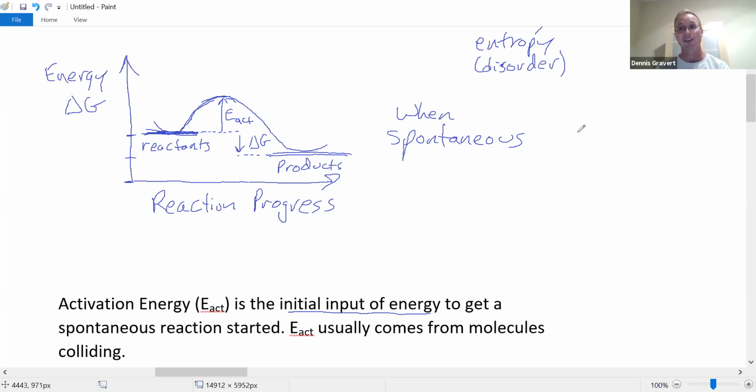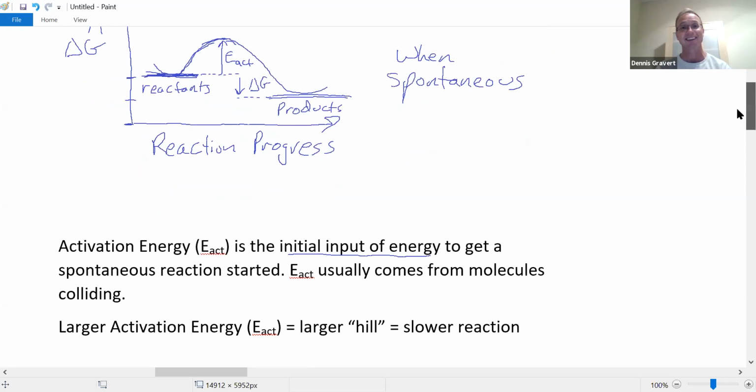And that gives us another idea of kinetics. If you have a big hill, that's going to make for a very slow reaction. So if the activation energy is very large, not many molecules are going to have enough collision force to get over the hill. Then again, if the energy diagram shows a very small hill, so start reactants, go to products, and then we just have a little hill.